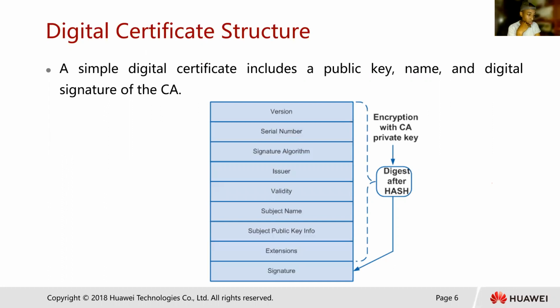So how does it really look? A digital certificate usually looks like this. It has a version, a serial number, a signature algorithm, an issuer, validity, the subject name, the subject public info, extension, and signature, and you realize that it is also encrypted.